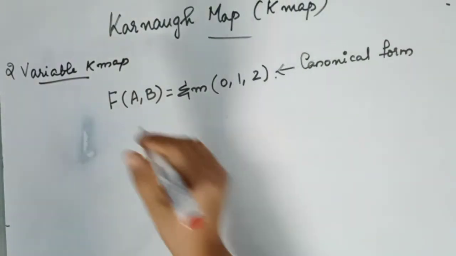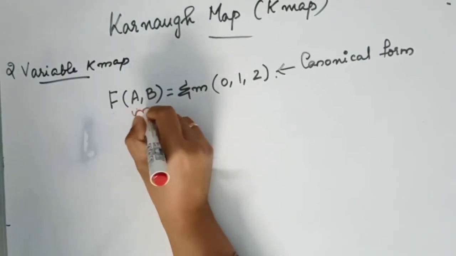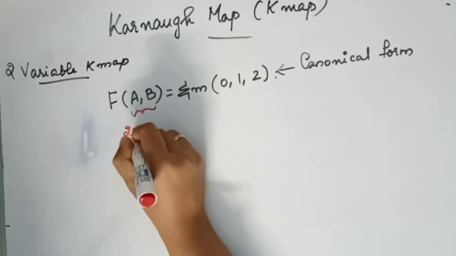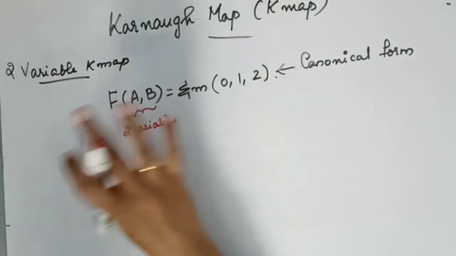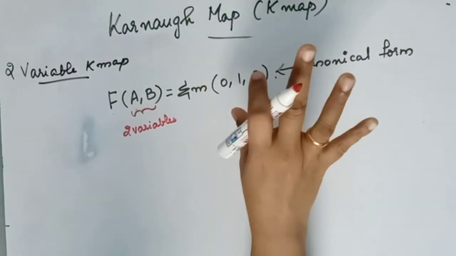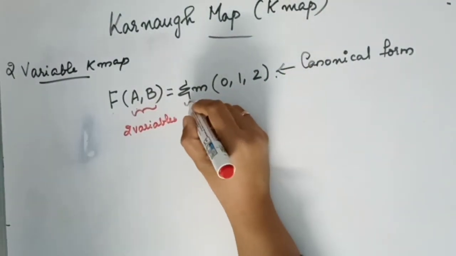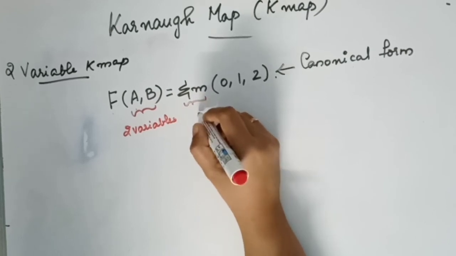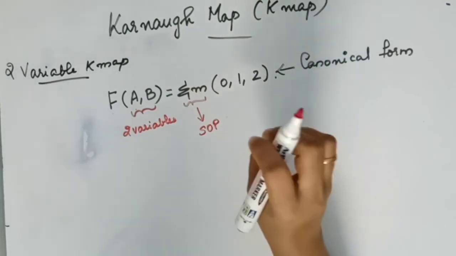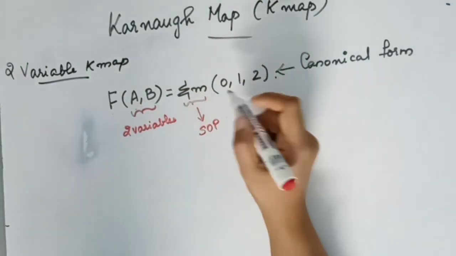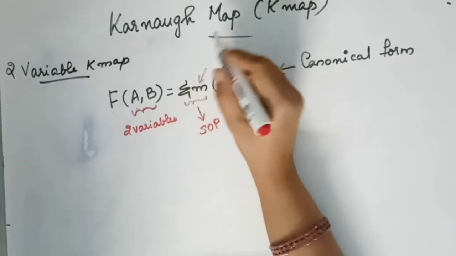In this, there are quite a number of things you can see. This gives function of a comma b. So a comma b means you have two variables, so the expression will contain only two variables, a and b. Then this sigma m notates that this is an SOP, in the form of a sum of product. Note that this m is a small letter.